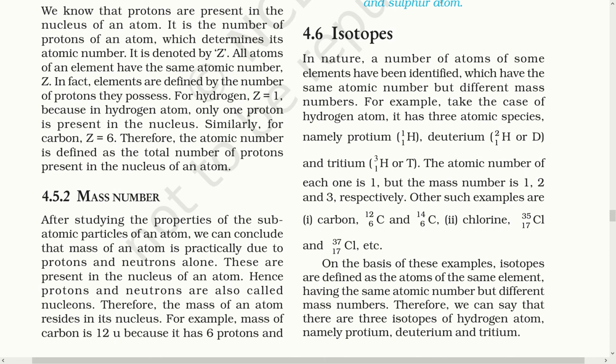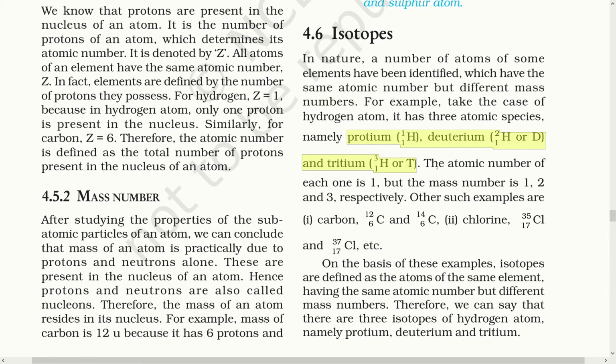Let's talk about isotopes. In nature, a number of atoms of some elements have been identified which have the same atomic number but different mass number. For example, take the case of the hydrogen atom. It has 3 atomic species, namely protium, deuterium and tritium.